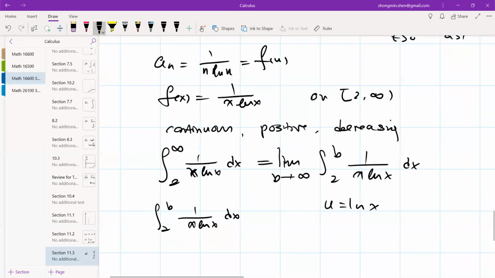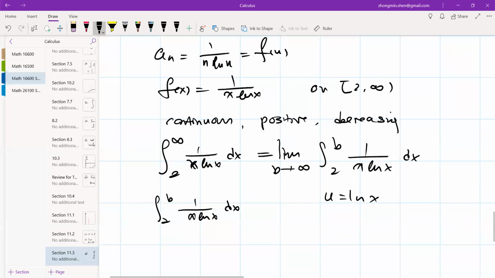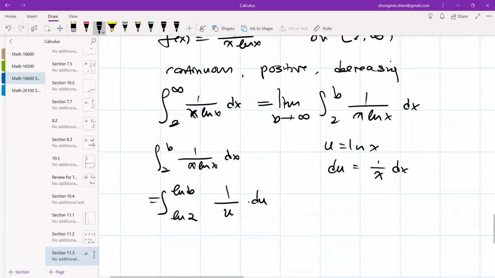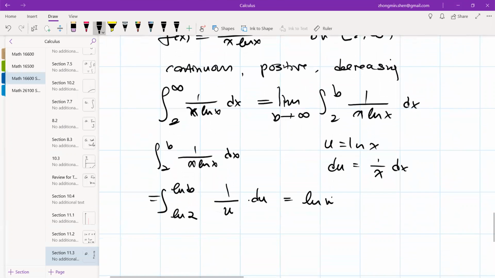Let u be natural log of x. When you use this substitution, du equals 1 over x dx, right? But the limits also change. It's natural log of 2 to natural log of b. And 1 over x natural log x dx becomes 1 over u du, the dx over x is du. And this will be natural log of u again. So the answer will be natural log of natural log of b minus natural log of natural log of 2.